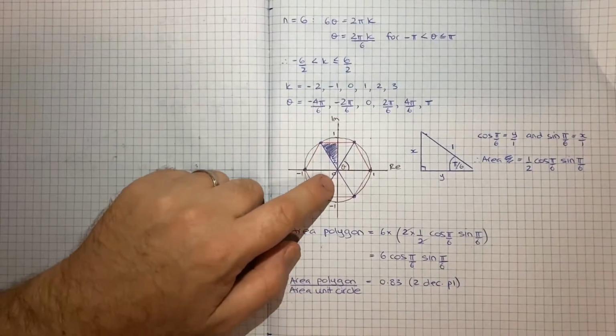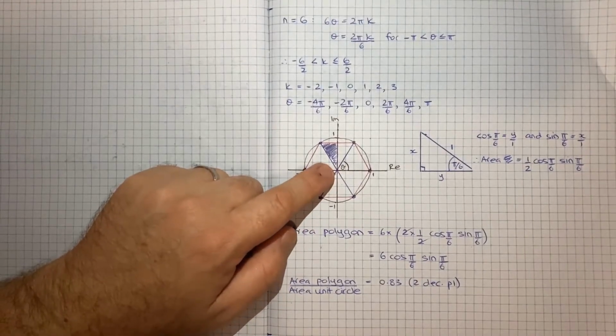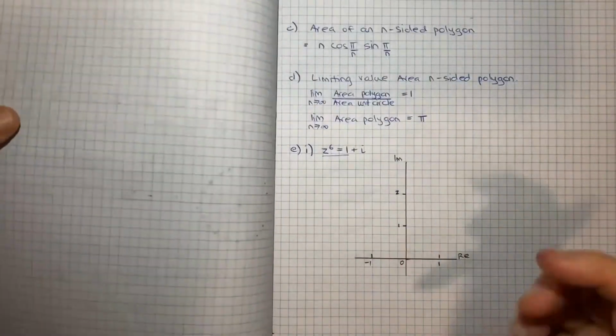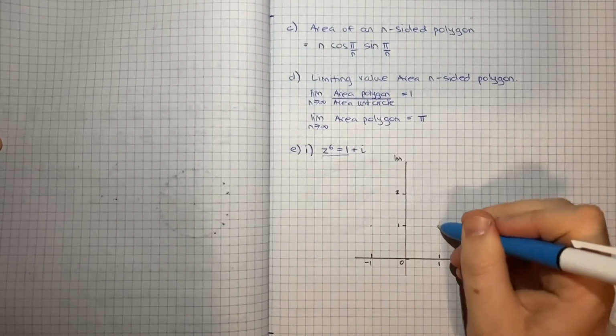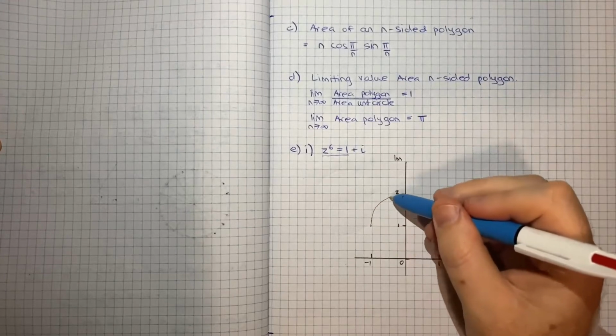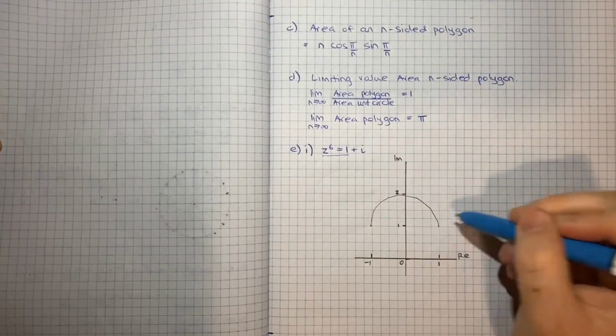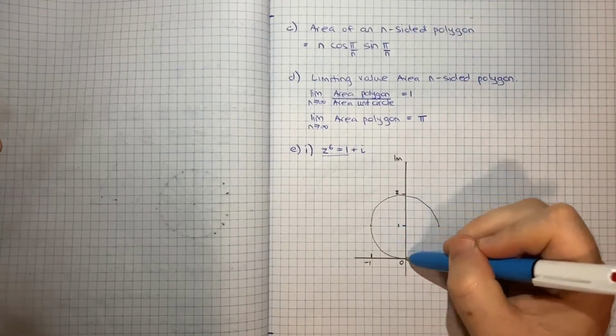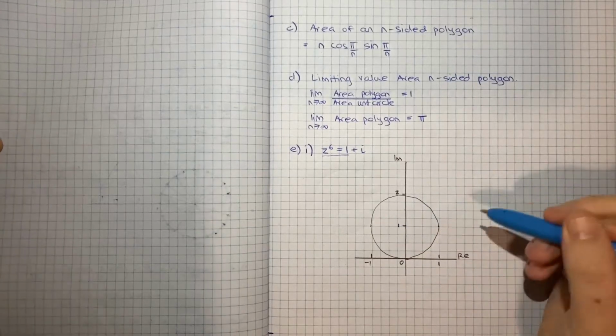Here, this diagram, we're essentially drawing it, but shifting it all up. So I'll just get the unit circle going. Not the best circle, but hopefully you get the idea.